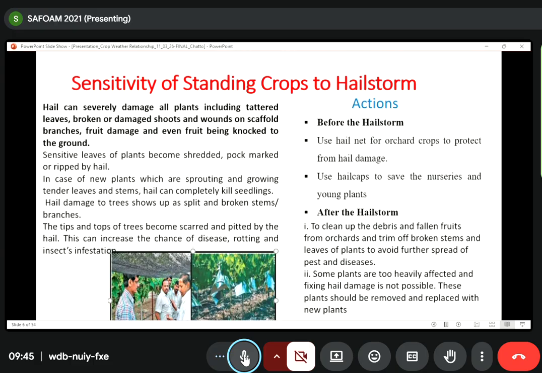So we give different kinds of advisories so that they can save the crop. On the right hand side, I have given the advisories before the hailstorm and after the hailstorm. That means we know the sensitivity of the plant to hailstorm.